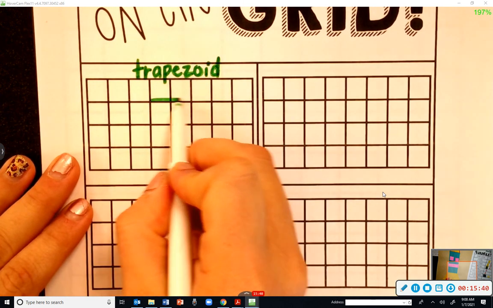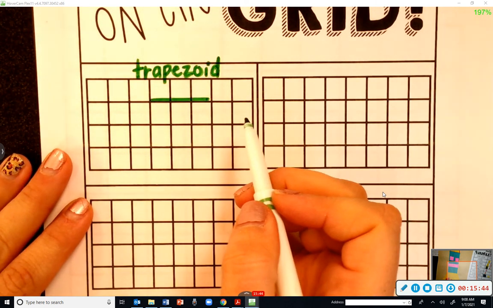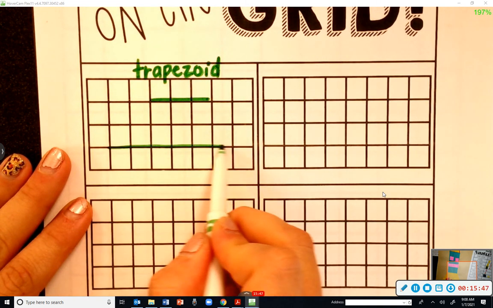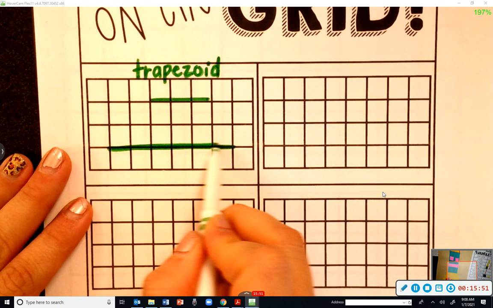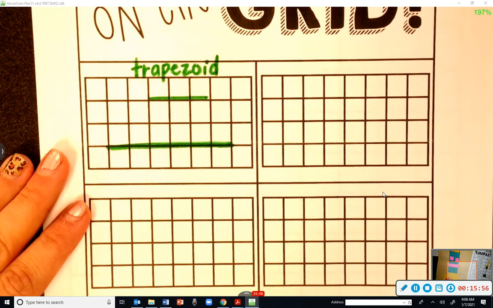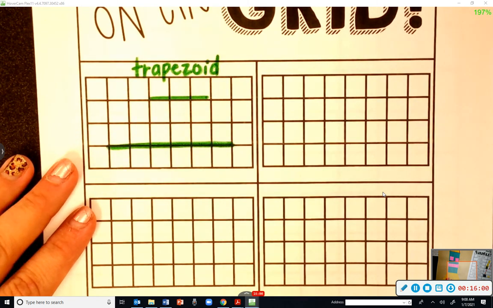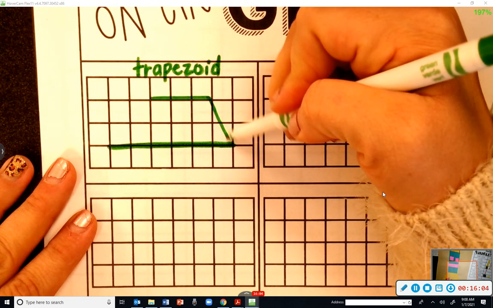So this is how you would draw a trapezoid. I can just draw the top and the bottom, making sure they're parallel to each other. It does not matter where I draw it, so I could draw it all the way across the bottom if I want. Okay? You're doing this on your paper right now. Okay? Now to finish my trapezoid, I'm just going to connect these sides.